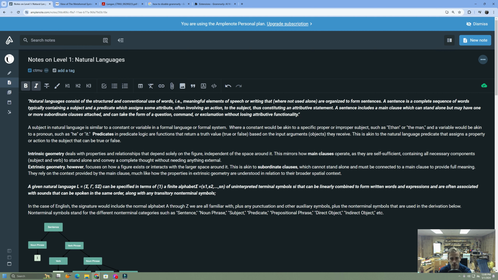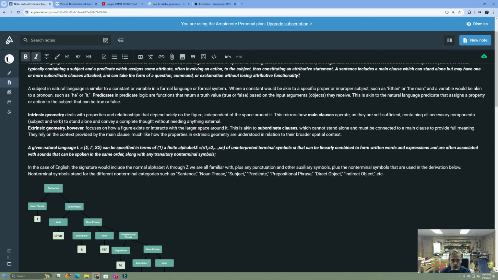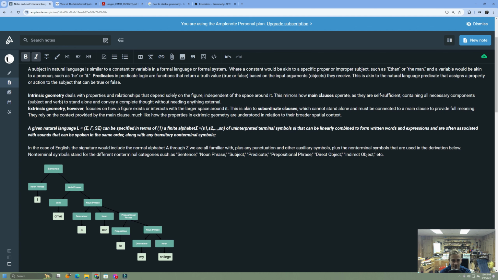And extrinsic geometry would be like a dependent clause, where it relies on the existence of an independent clause to complete its meaning. Anyway, moving on.